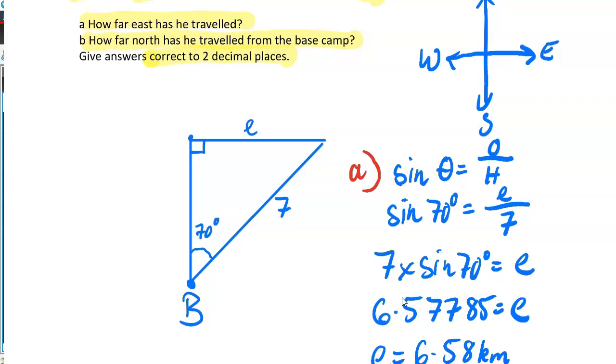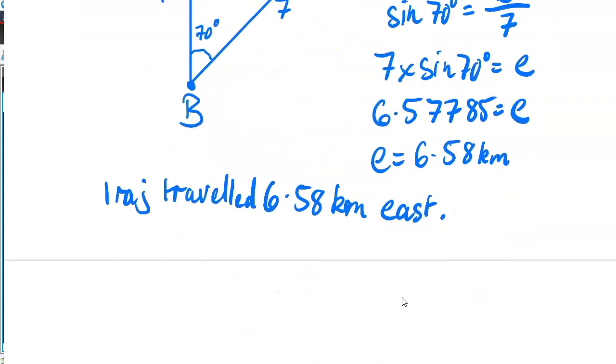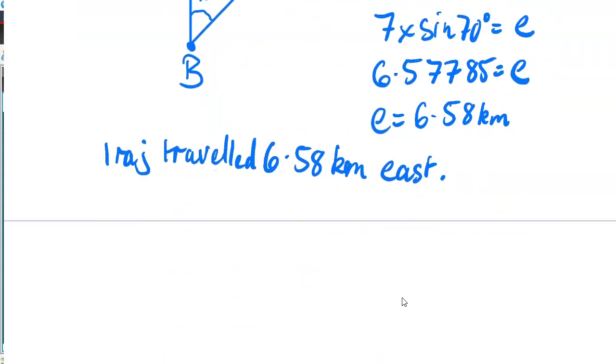Okay, so part B, how far north has he travelled? So that's that side, isn't it? How far north has he travelled? How far in that direction? So I've got my angle of interest there, the hypotenuse there, and that's adjacent, so that means we have to use cos.